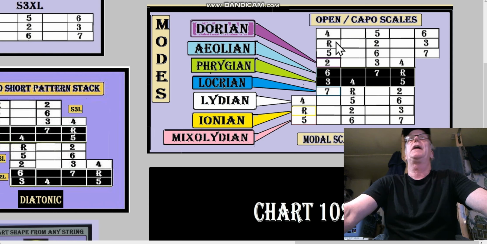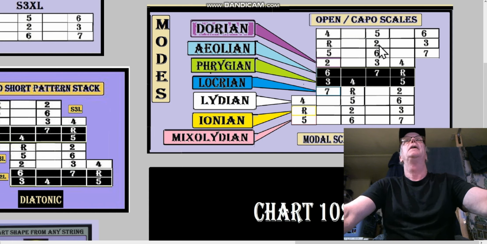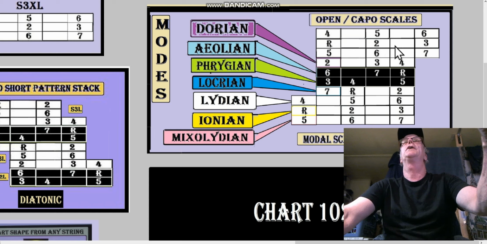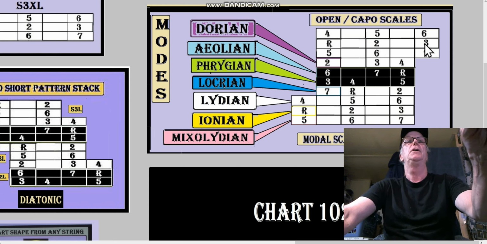Okay, we've got that. Root 2. But we run into trouble when we want to then go to 3. This is in C though. 2, 3, 5, 6, root 2. We've got to go to the long pattern for the pentatonic. So it's just root 2, 3.